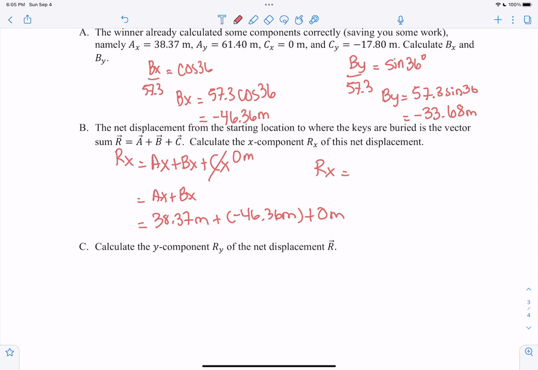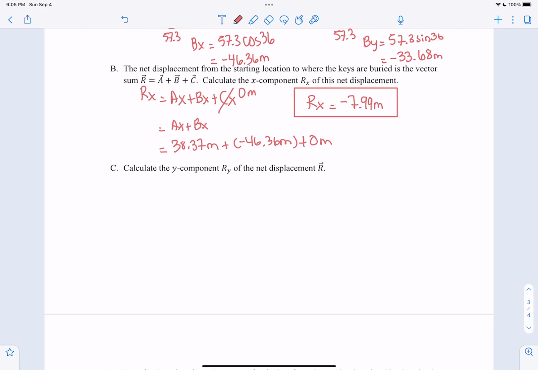Let me know what you guys got for rx. Negative 7.99 meters, yep. There we go. rx equals negative 7.99 meters.